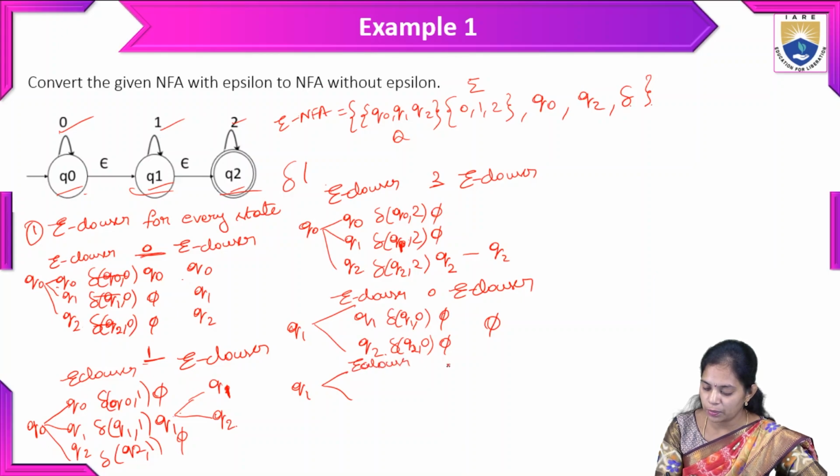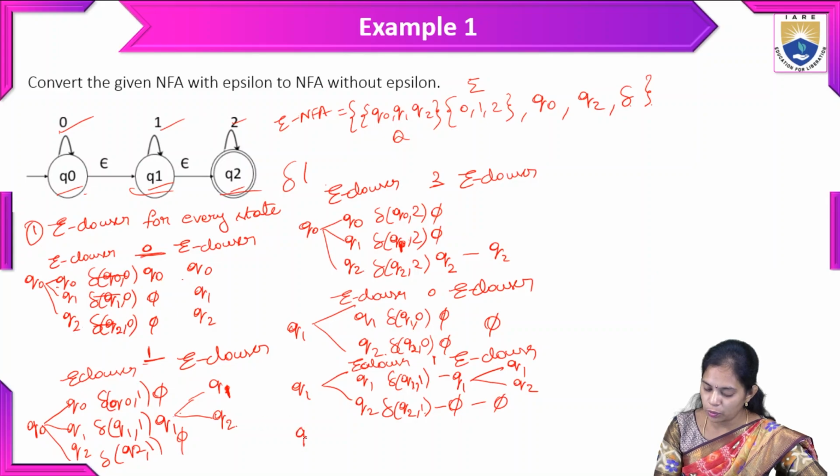Now we need to find the next input value. For Q1 and Q2, what is the result of Q1 with the input symbol 1? Q1 with 1 gives Q1, and the epsilon closure of Q1 gives Q1 and Q2. And transition of Q2 comma 1 is nothing, phi, so no need to write phi.